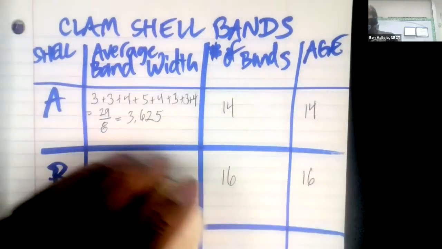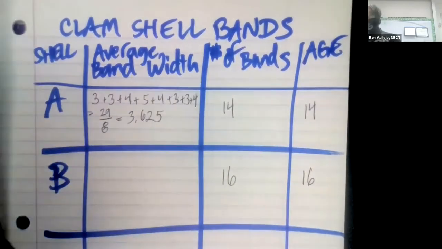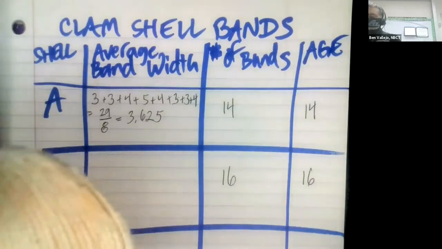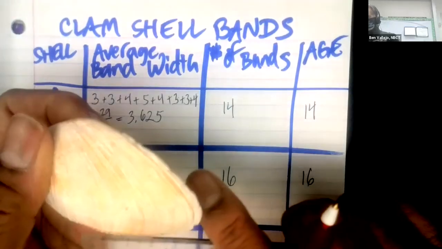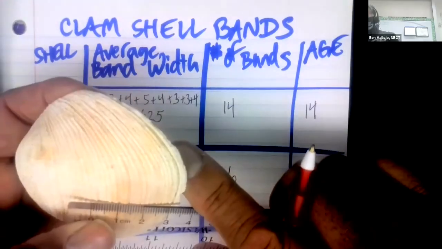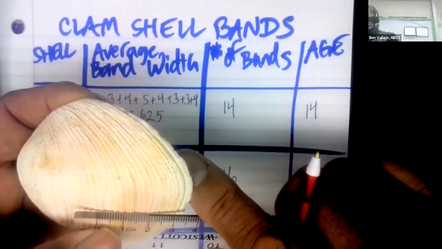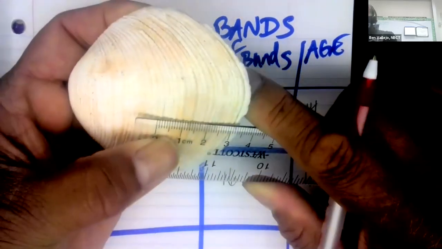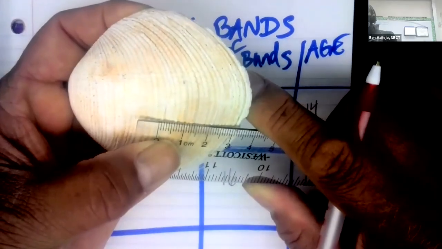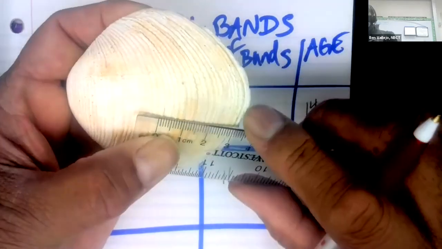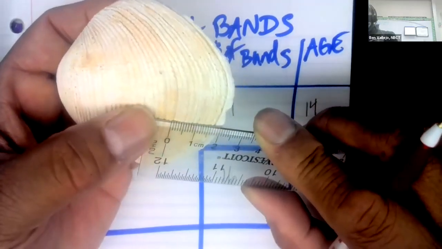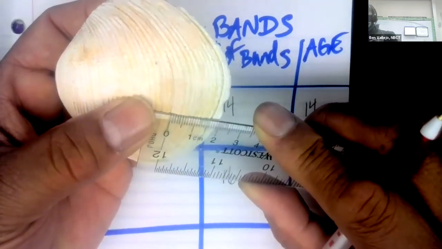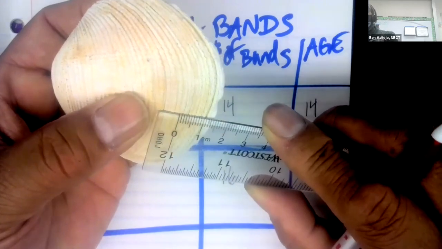So if we take a look at this, let me get the ruler back out. And these bands actually look smaller. You have a 3 centimeter one right there. Okay, and then continuing on out, I've got 3, and that one's 3 also.